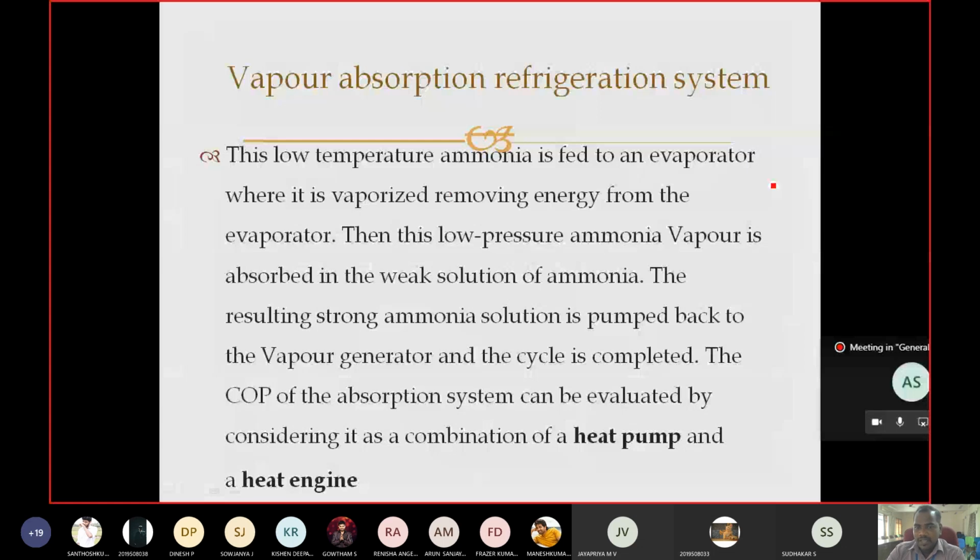The COP of the absorption system can be evaluated by considering it as a combination of a heat pump and a heat engine, right? So in vapor absorption refrigeration, we can get the combination of a heat pump and a heat engine to calculate the COP of the refrigeration system.